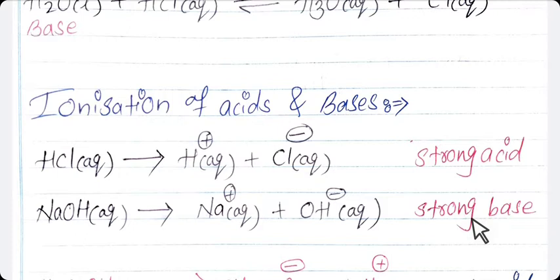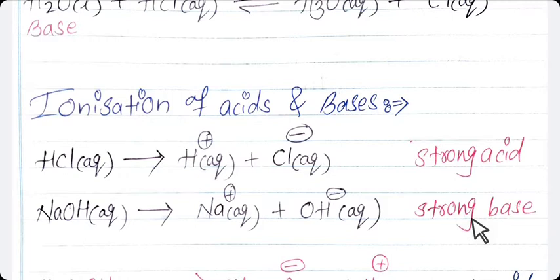Now, weak acids and weak bases are partially dissociated in water. Means the solution of weak acids or weak bases contain undissociated molecules along with a small number of ions at equilibrium.